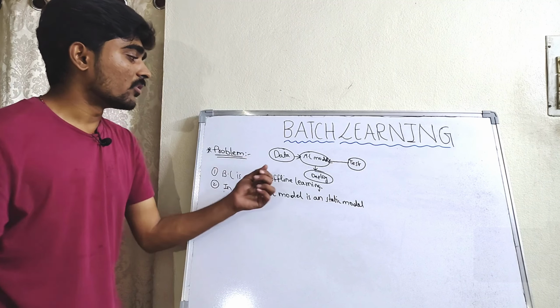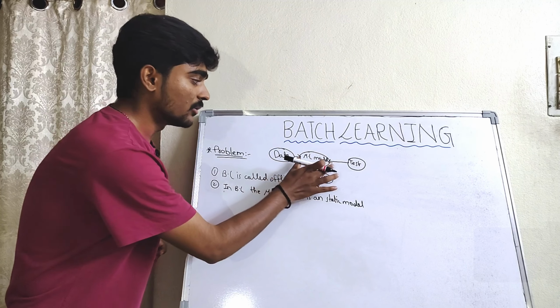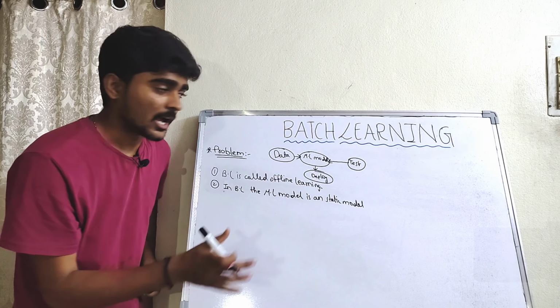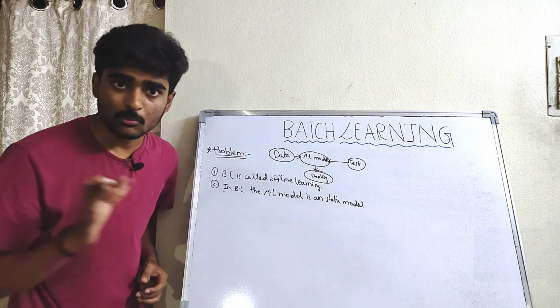Now you may have a doubt about why we are doing offline training. Let us take a scenario where we have deployed our machine learning model on the server, meaning we have brought it online. Now we need to train our machine learning model while it is online, but the data is huge.